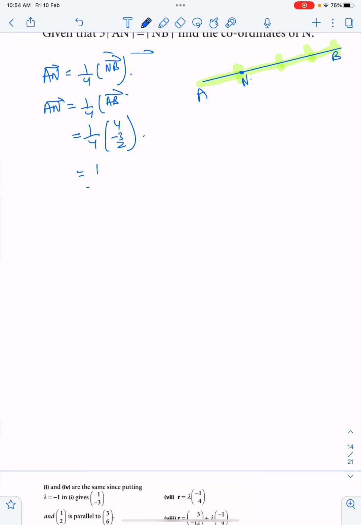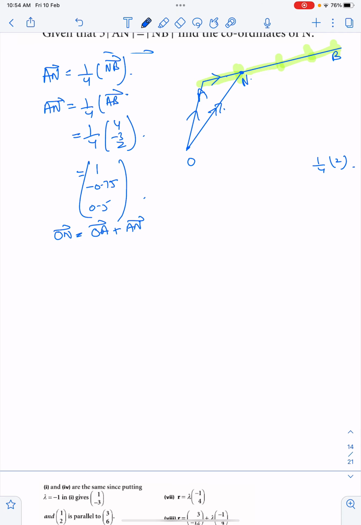So this is 1, this is minus 0.75, and this is 1 upon 4 times 2, which is 0.5. This is AN. Now, wherever O is, in order to find out ON, I have to go from O to A and then A to N. So I can write ON equals OA plus AN.